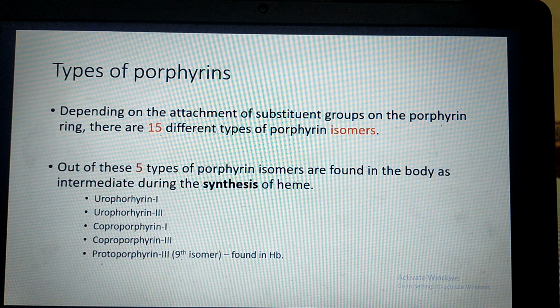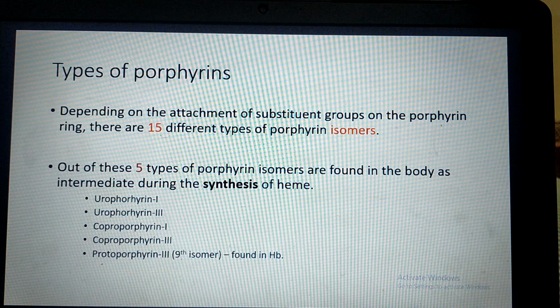These 5 types found in our body are uroporphyrin 1, uroporphyrin 3, coproporphyrin 1, coproporphyrin 3 and protoporphyrin 3.